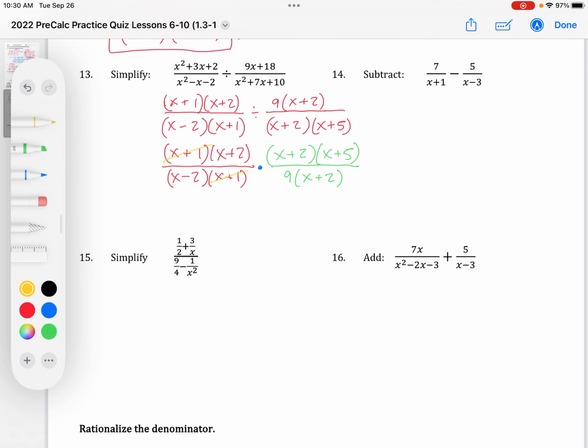I've got x plus 1s to cancel, x plus 2s to cancel, and I think that's it. So if we write what's left over, we have x plus 2 times x plus 5, all over 9 times x minus 2. And that is as simplified as we can get this.